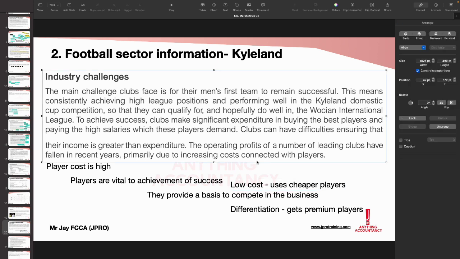So we can now come to a condition where you can use cheaper players and try to focus on the club team performance, as opposed to using premium players, and that could give you a differentiation strategy.